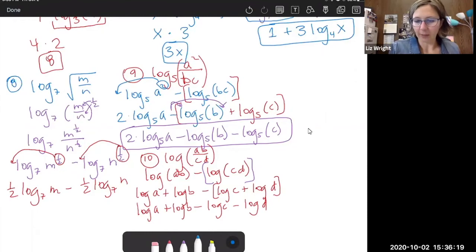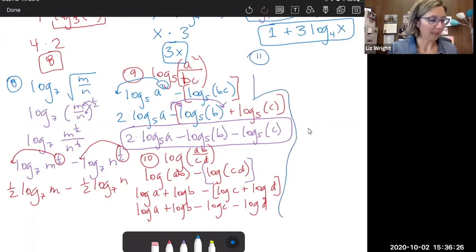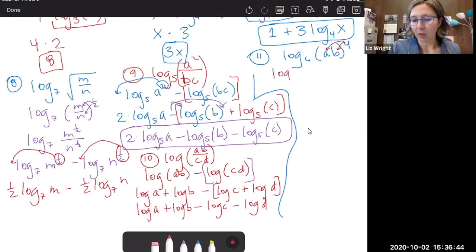Number 11, I'm going to try to squeeze up here. Sorry, we've got a ton of examples for this today because it's kind of a hard topic. So this next one is going to be log base 6 of AB raised to the 4th. Because the 4 is on the outside of the parentheses, I would distribute it in so that you don't forget that it's going to go to both pieces. So it's going to be log base 6 of A to the 4th, B to the 4th.